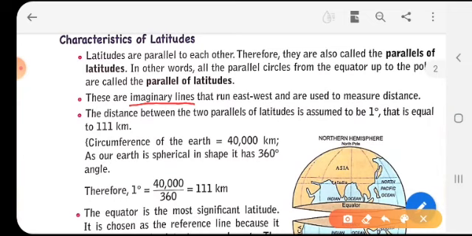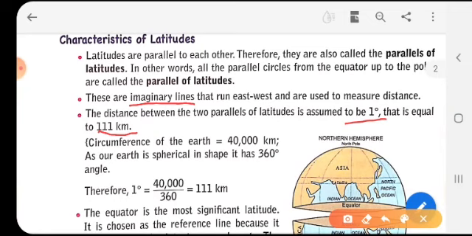Now, children, between every two latitudes, it is assumed that there is an angular distance of 1 degree, which is equal to 111 kilometers. Now, how is this 111 kilometers attained?